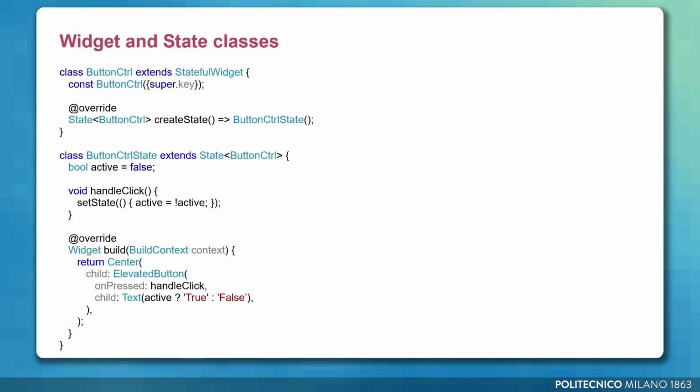Any state change must be wrapped in a call to setState so that Flutter knows to rebuild the UI. When the button is first displayed, active is false, so the label shows false. Once clicked, handleClick toggles active to true, triggers setState, and causes build to rerun, updating the label to true.